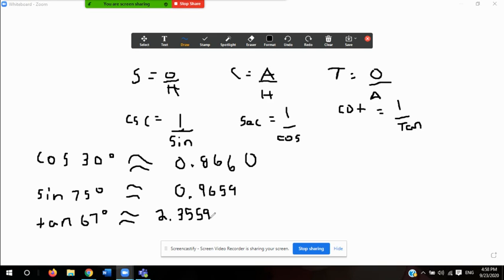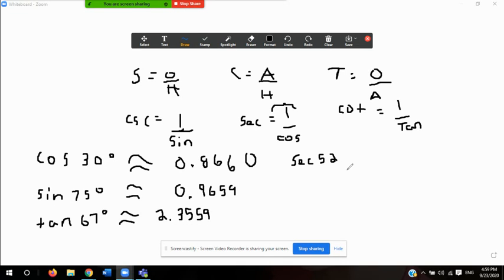Now we have to find the secant of 52 degrees. Because there's not a button on the calculator, at least in my knowledge, that has the secant function, that means I have to use the inverse or the reciprocal function. So for the secant of 52, I have to use one of the identity functions, the one that says the secant is 1 over the cosine.